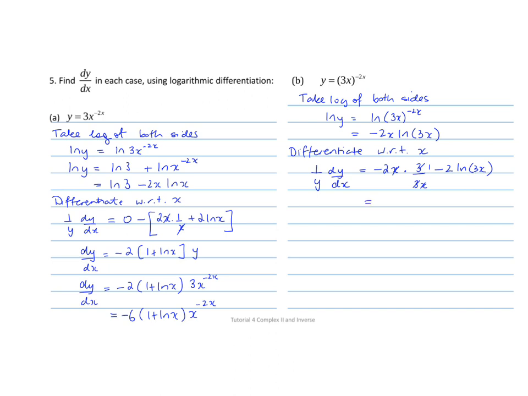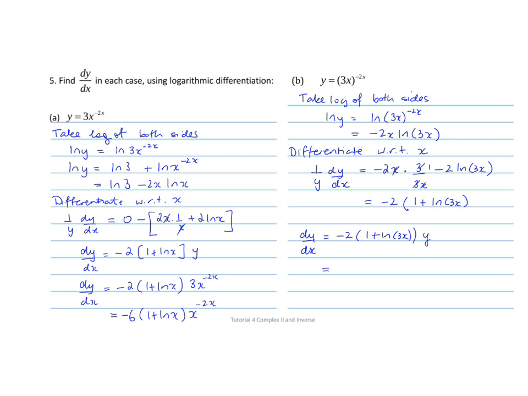So we've got minus 2 outside of 1 plus log 3x is equal to that. Multiply through by y. It's minus 2, 1 plus log 3x, y.